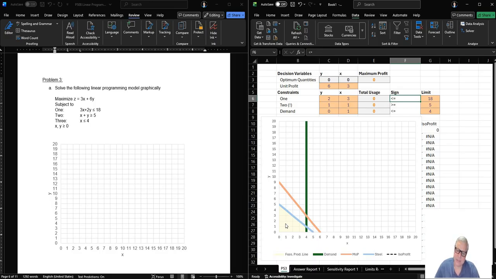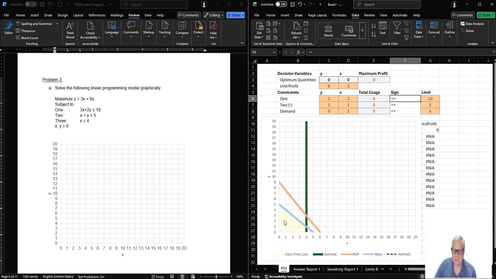And now you can see that our yellow area is actually not correct anymore, because the x plus y greater than or equal to 5, that would suggest that we have to go beyond.